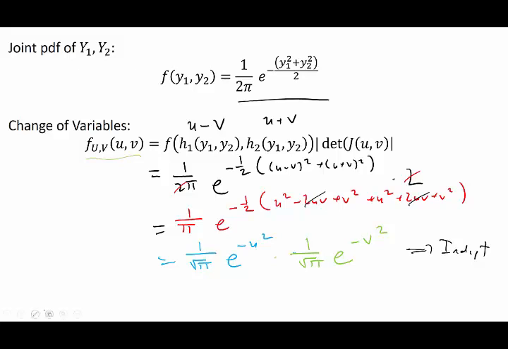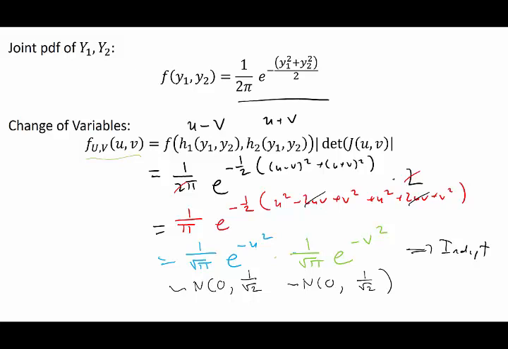Furthermore, I'll leave you to verify, you can show that both of these are normal PDFs, both with mean 0, and both with a standard deviation of 1 over the square root of 2.